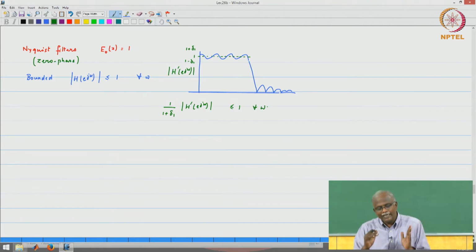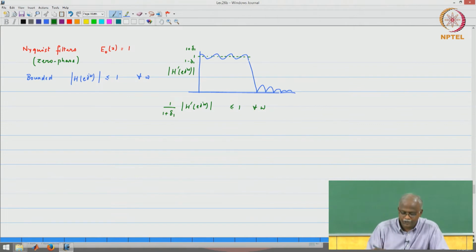So the scaling is a very important element in boundedness, but because of the filter response you have basically drawn, you can always make sure that there is an upper bound for it to be satisfied. So when you have filters that have a well defined frequency response, these are bounded transfer functions. So again this is a useful concept, okay.